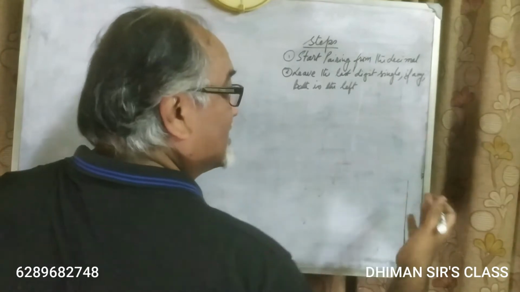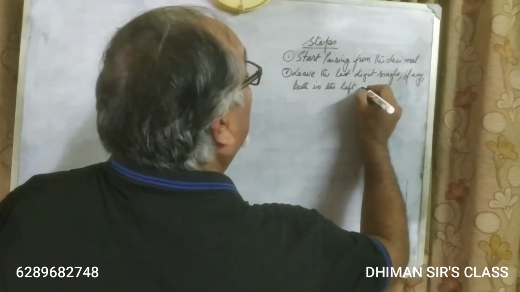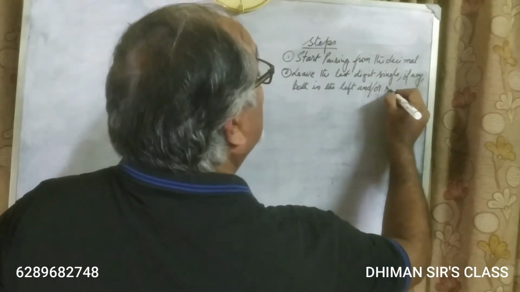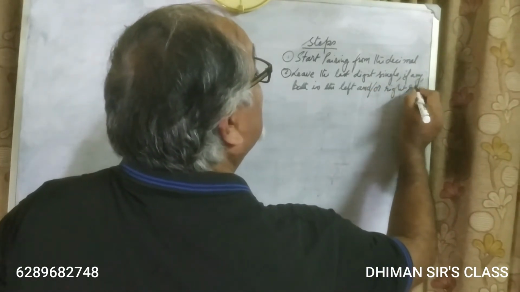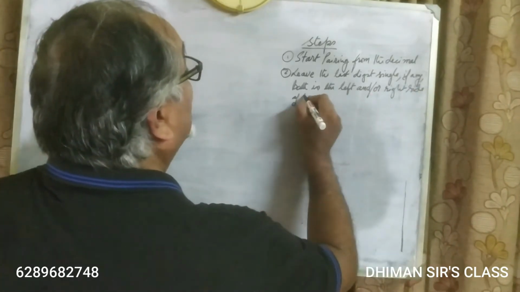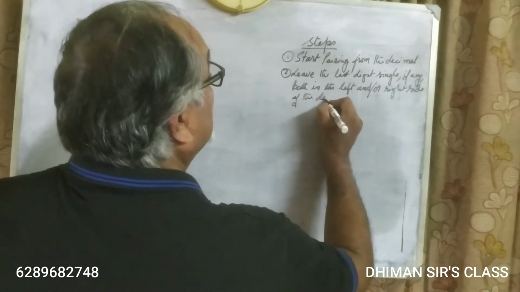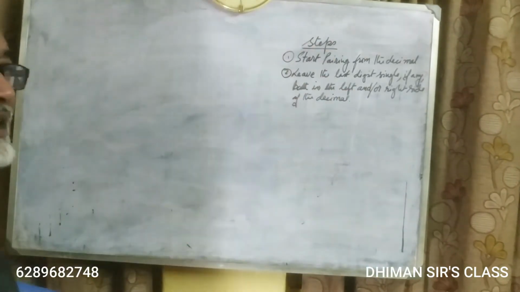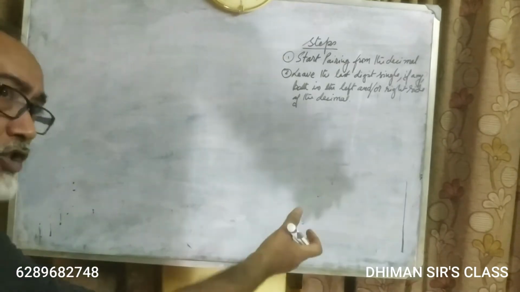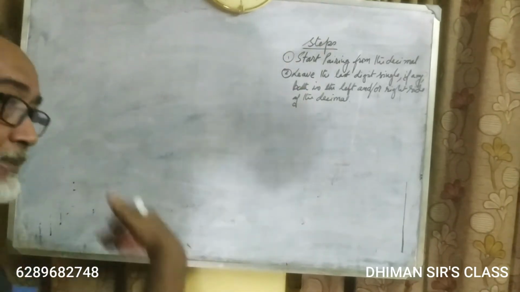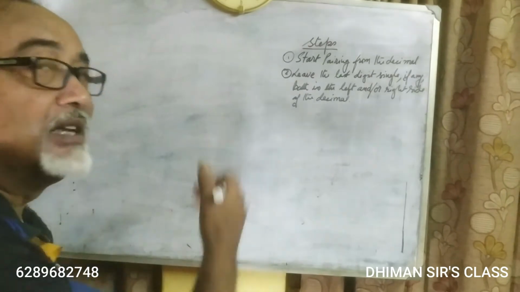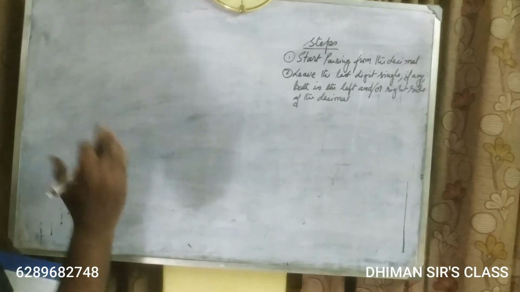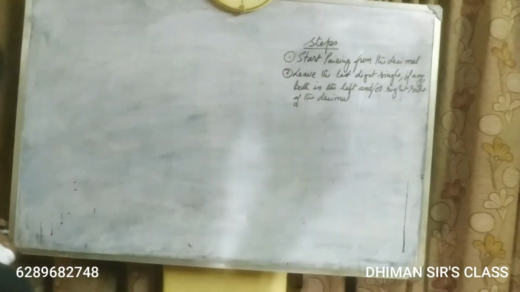It may be one side, it may be both the sides. Okay, so these two steps are written. Further steps will also be written. I'll keep writing them along with the sum which I'll be giving you as an example. So let us start the examples, and along with the sums I'll keep writing the steps.